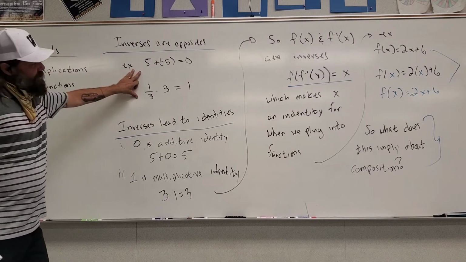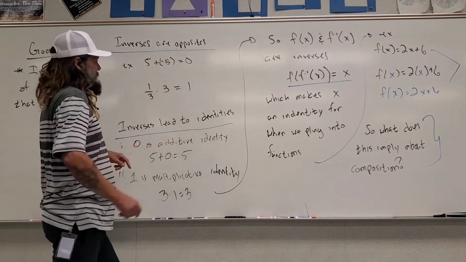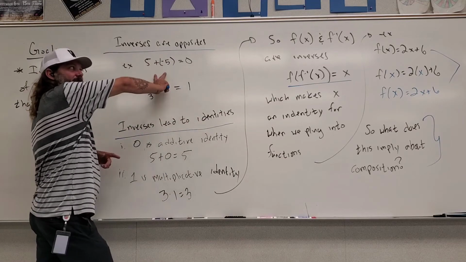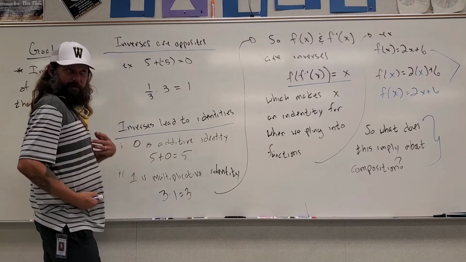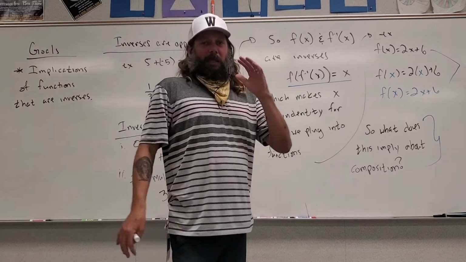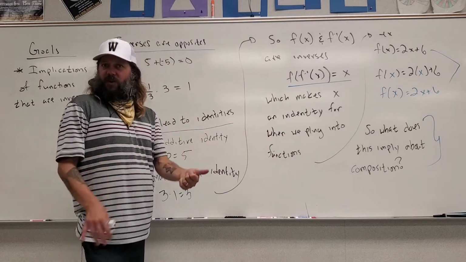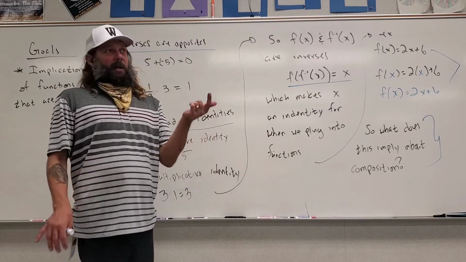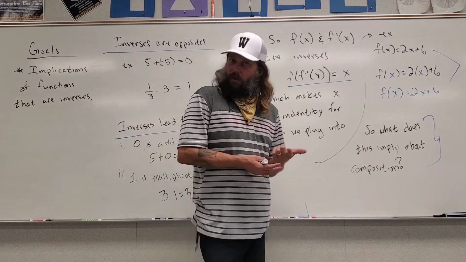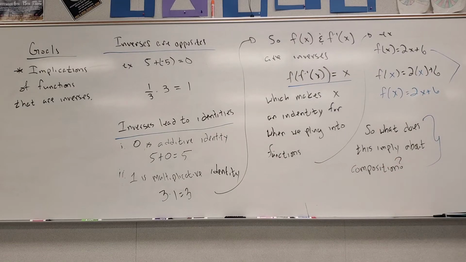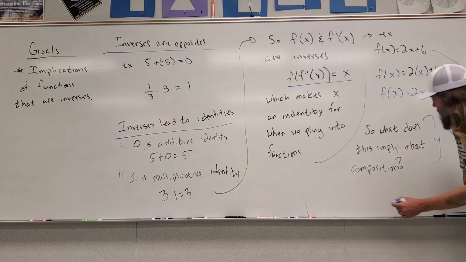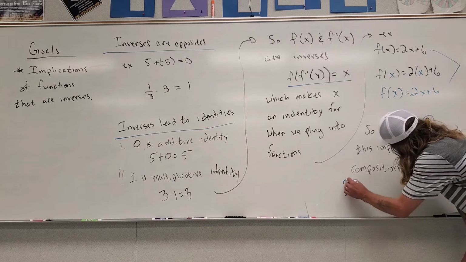I've got opposites that lead to inverses, and these inverses lead to identities, and these identities mean that you get the same thing back. So operations have inverses, operations have identities. Therefore, we can conclude that composition must be an operation. It's an operation.